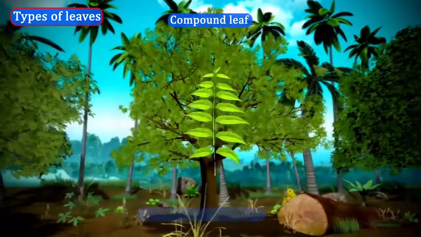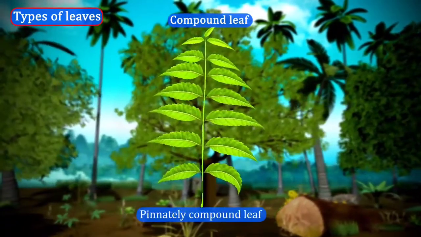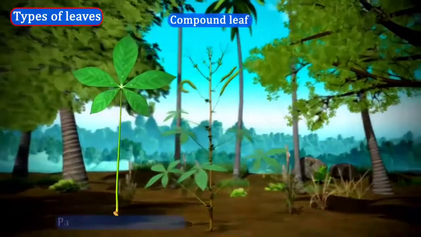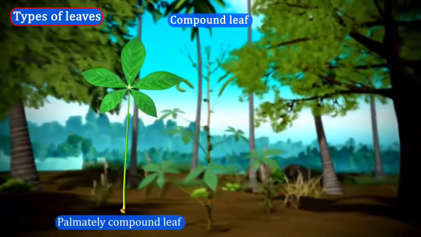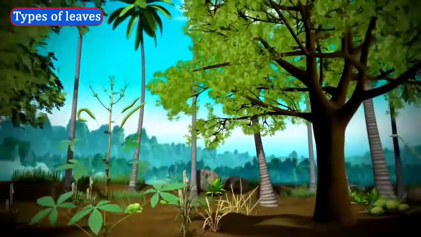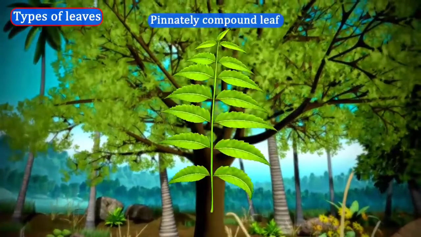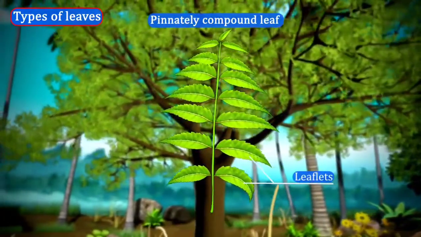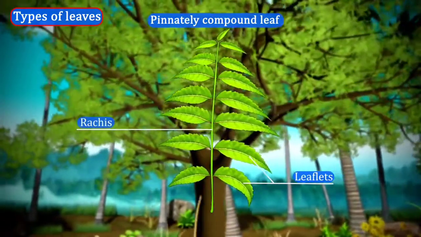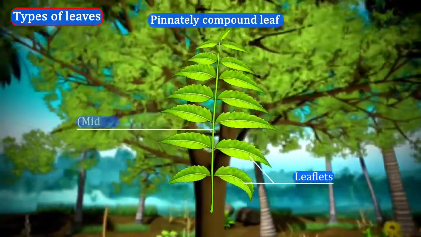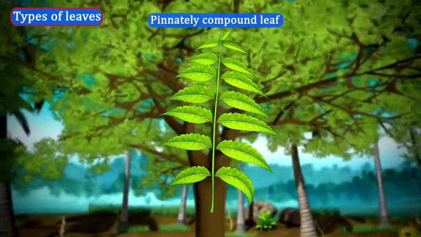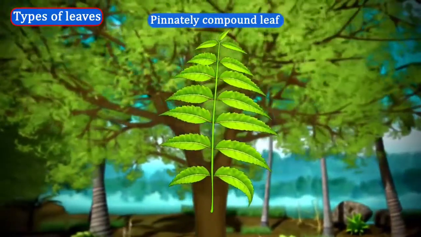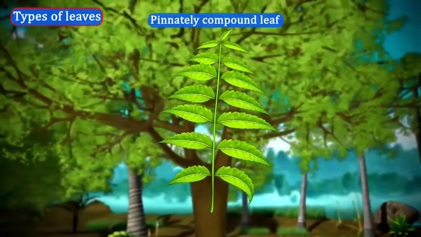They are pinnately compound leaves and palmately compound leaves. Pinnately compound leaves. In this leaf, the leaflets are arranged on the rachis. Rachis is actually the midrib. Pinnately compound leaves are classified into different kinds on the basis of the position of leaflets on the rachis.